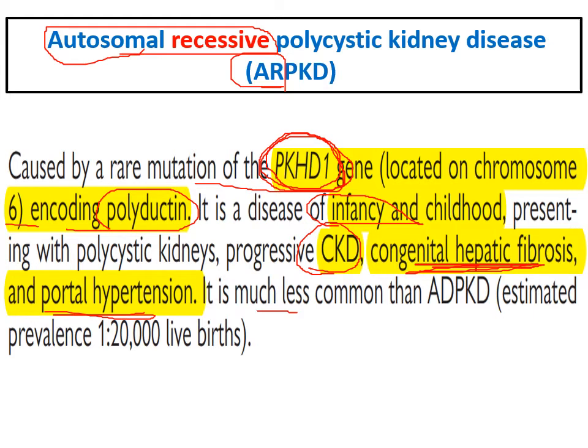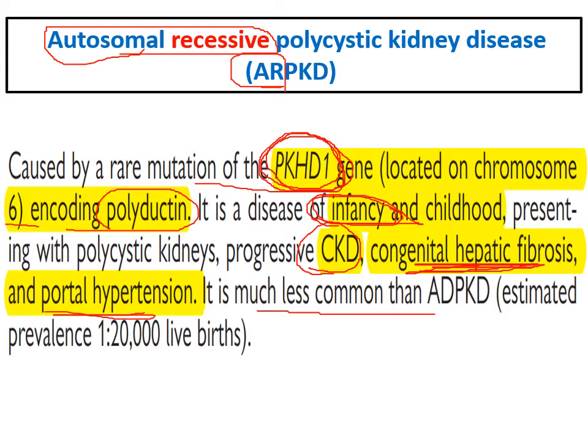It is much less common than autosomal dominant polycystic kidney disease, and all the affected infants are usually diagnosed at birth or in infancy by enlarged kidneys on ultrasound.